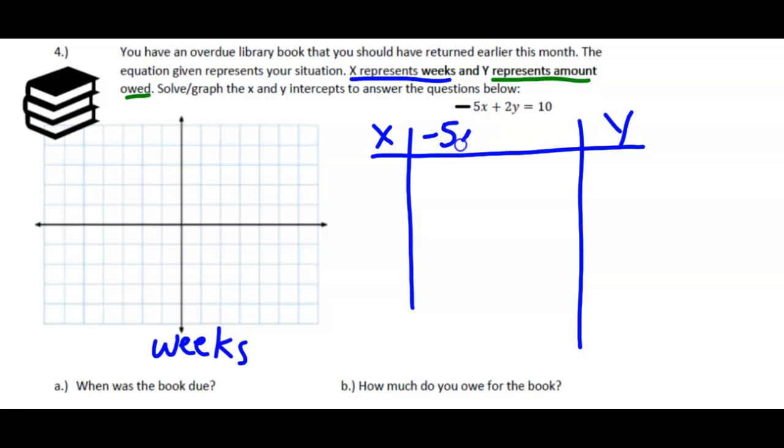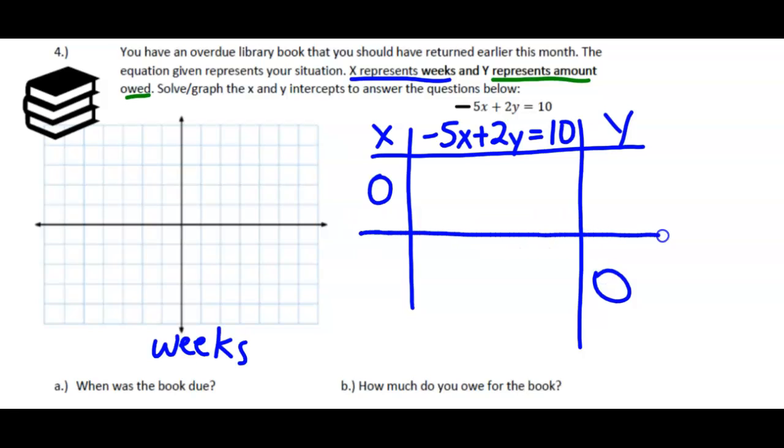You're going to have your negative 5x plus 2y equals 10 here. And you're going to come with this done in class. So find your x-intercept and your y-intercept. Make sure you come with those two numbers. And then I would like a sketch as well.